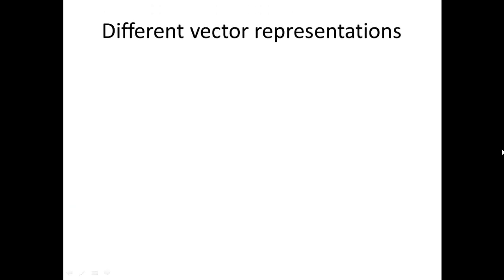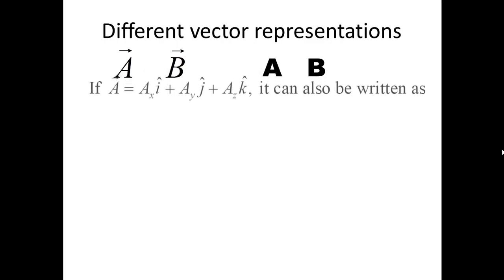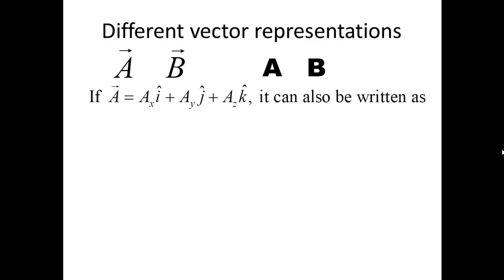There are also different vector representations. Vectors can be represented with a letter and an arrow over it, or with boldface letters such as this boldface A and B. If a vector A is given by its components ax i plus ay j plus az k, it can also be written in parentheses with commas.